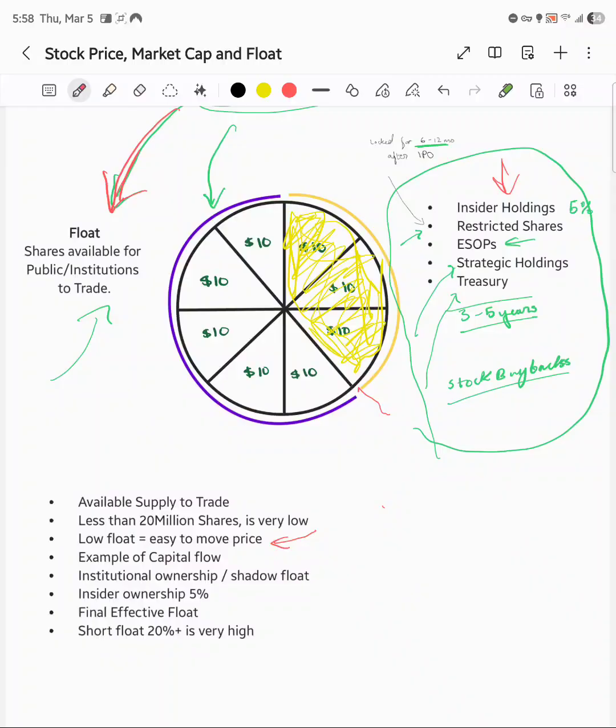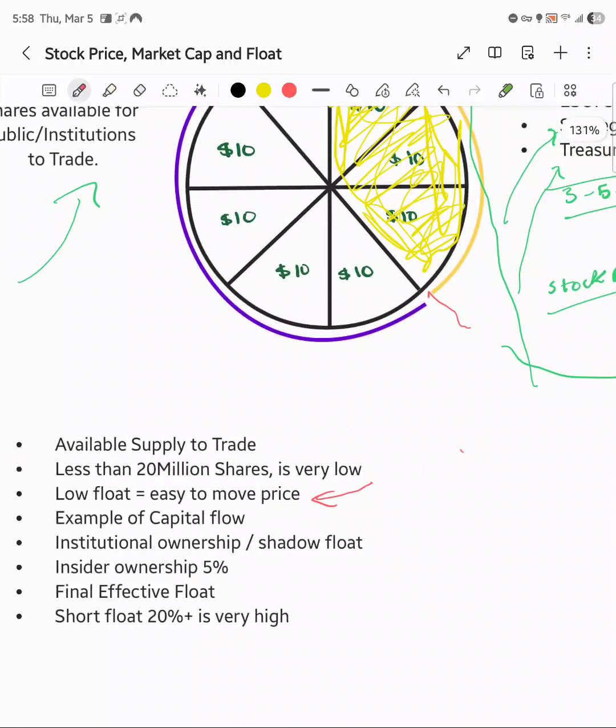So we are looking for low float, which is very easy to move the price. The lower the float, the lower the supply to actually trade, and it's easier to move the price. Okay? I just gave you the example of capital inflow previously.